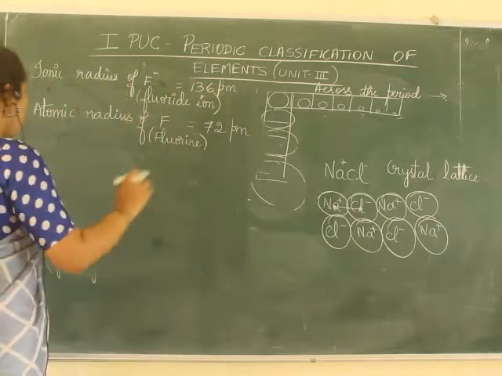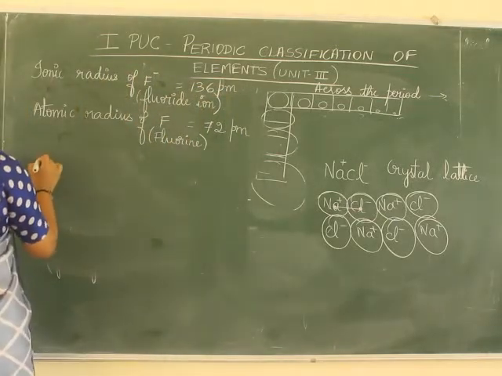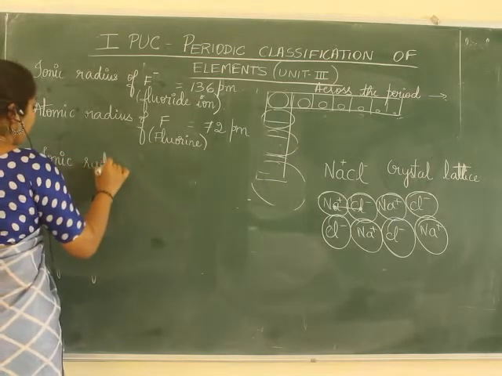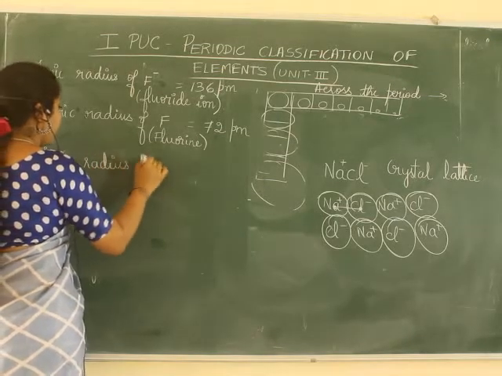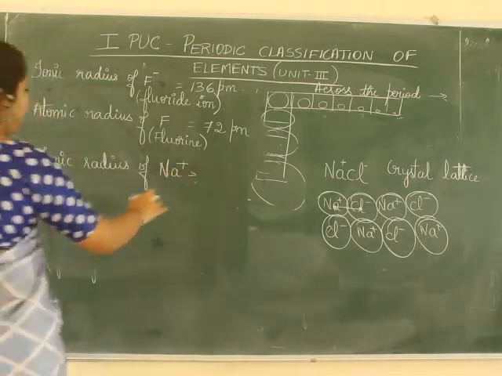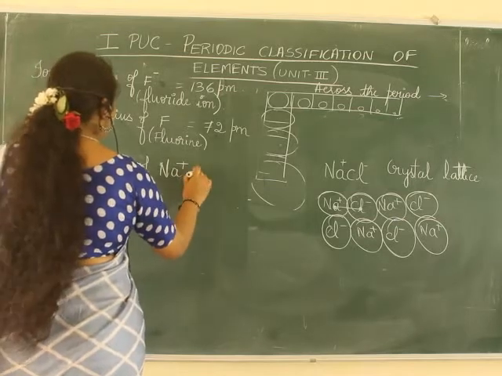Clear? Same way, in case of cation we will see ionic radius of Na plus. Na plus means it is cation.